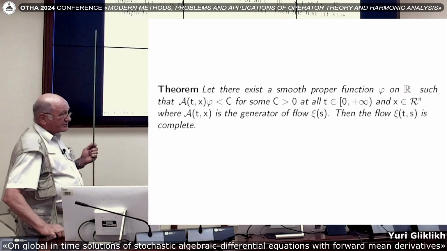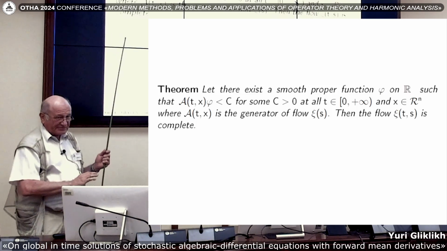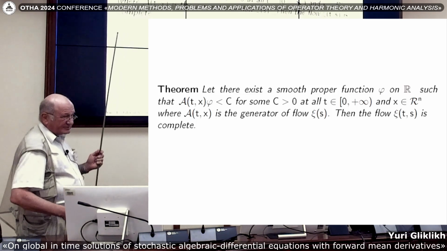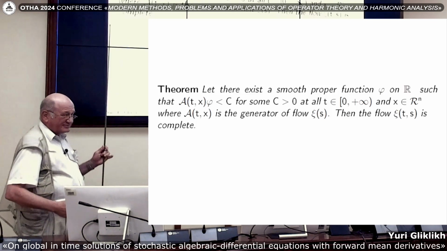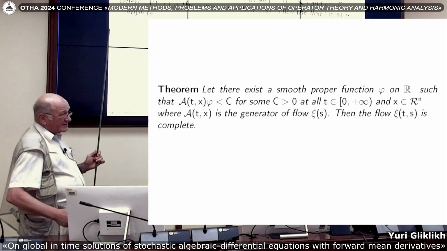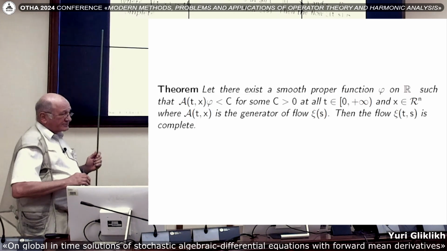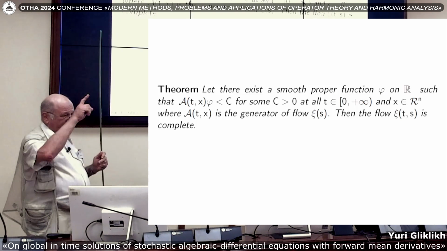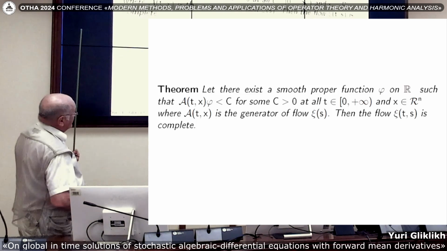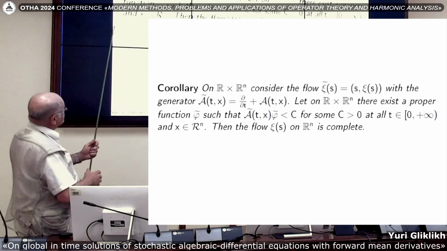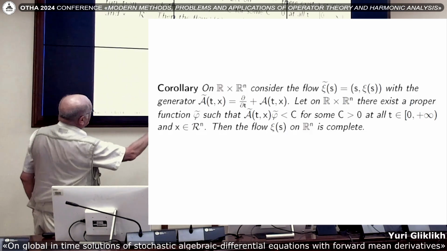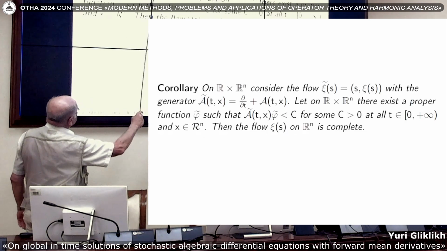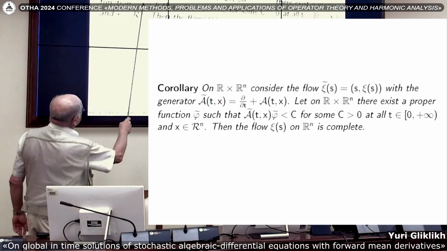But it is very far from a necessary and sufficient condition. It's only a sufficient condition. To obtain a necessary and sufficient condition, or something close, we have to come to the generalized space, R^n multiplied with R. Consider this multiplication and the flow psi with tilde in this set with the generator.